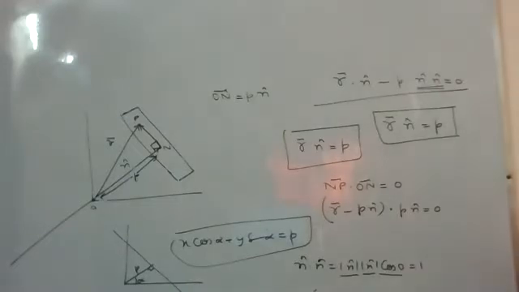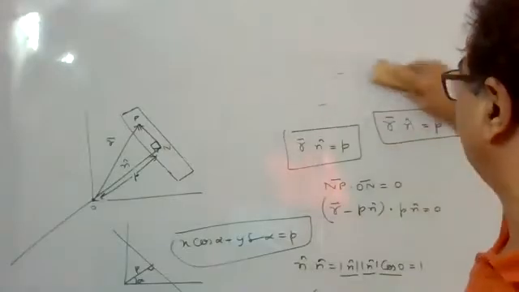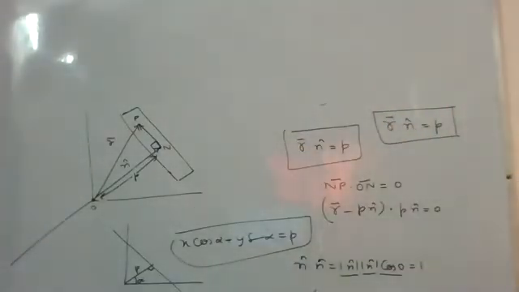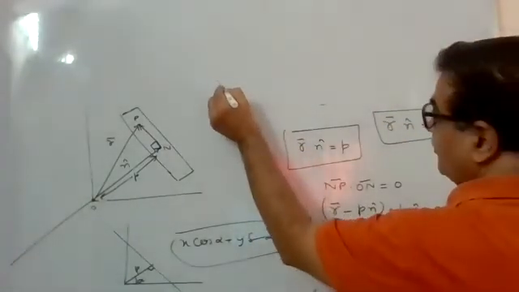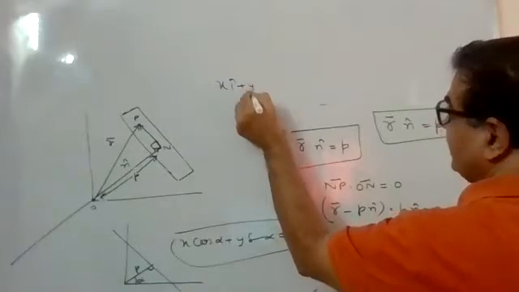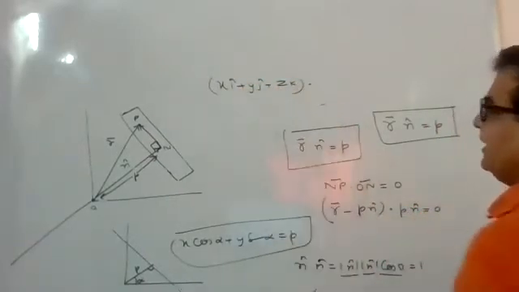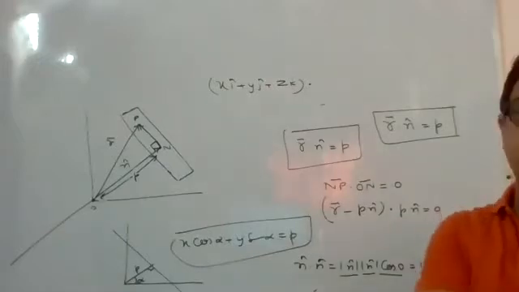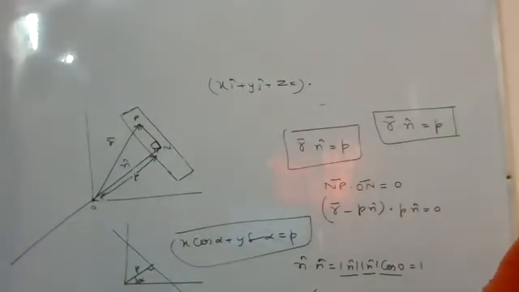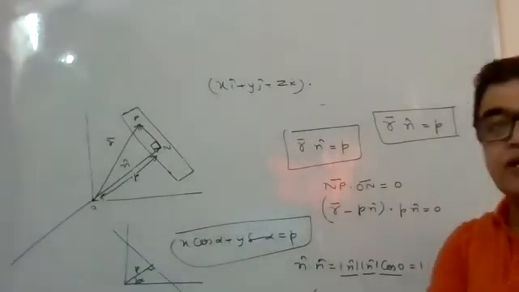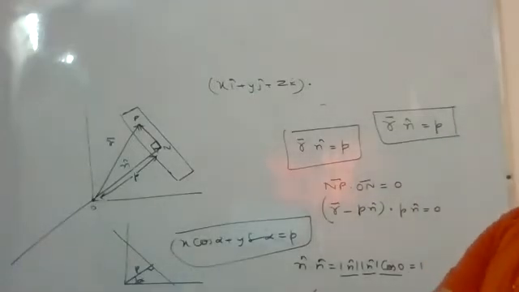If we now convert this into Cartesian, what will change? Can you tell? R will be the general point xi plus yj plus zk. What will be the n cap? Will someone tell? n cap is a unit vector normal to it. Yes, what will be written for this? Sir, li plus nj plus k.